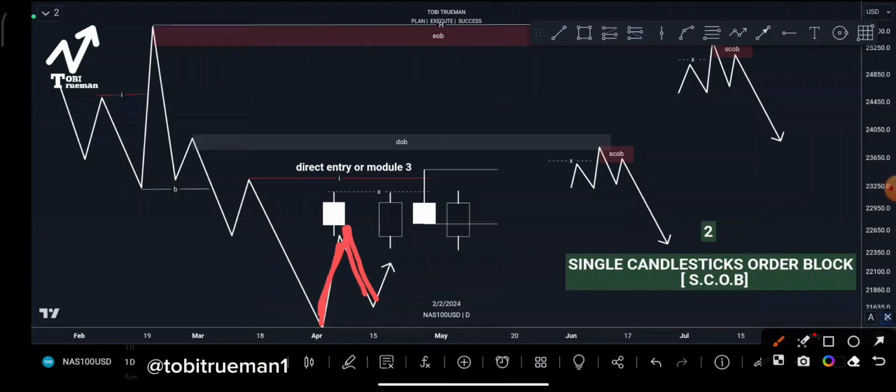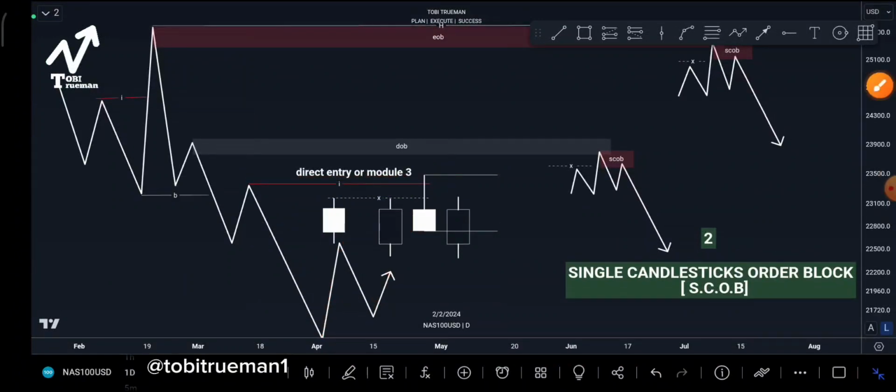It retraces a little, makes a pullback, then it went up again. In the second move, it took out this previous candlestick high, and the wick that took out the candlestick high is also the wick that took out the inducement point high. So with this, we have liquidity swept in three places.